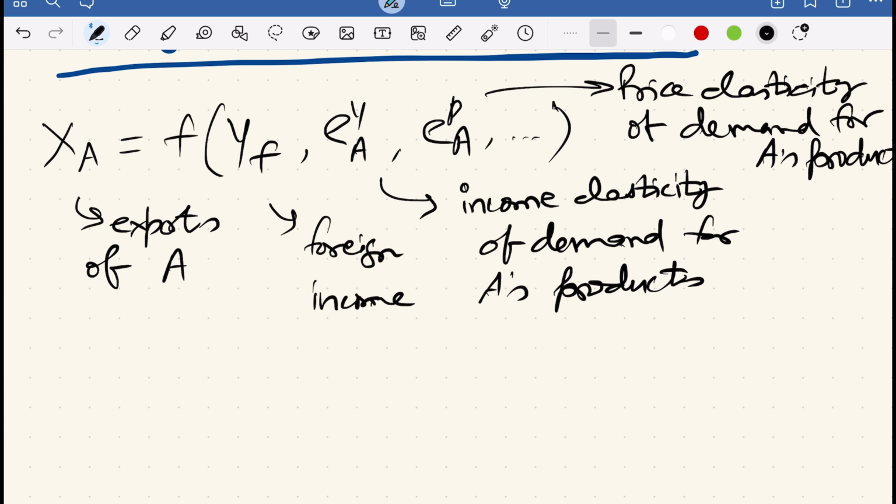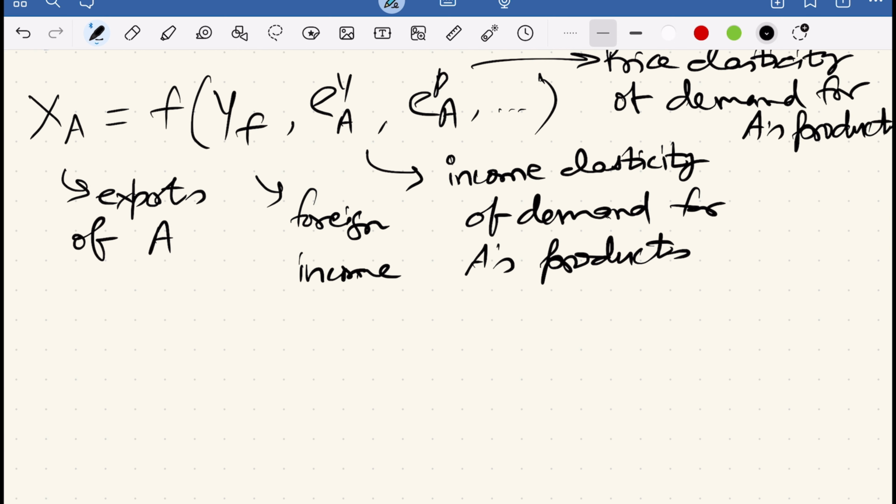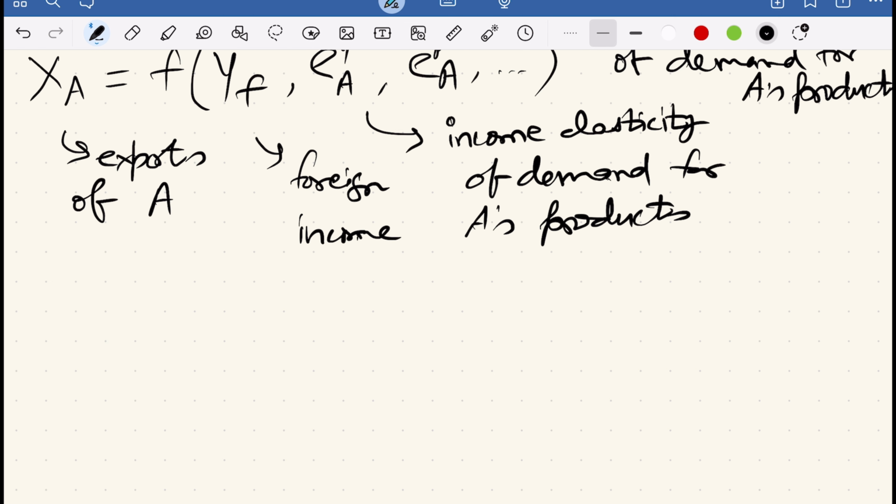Now, similarly, the question, what does a country's imports depend on?